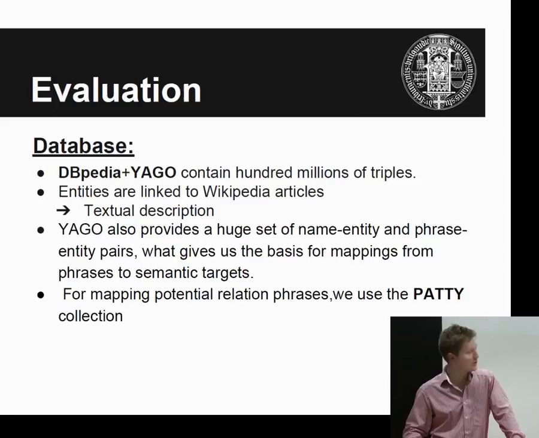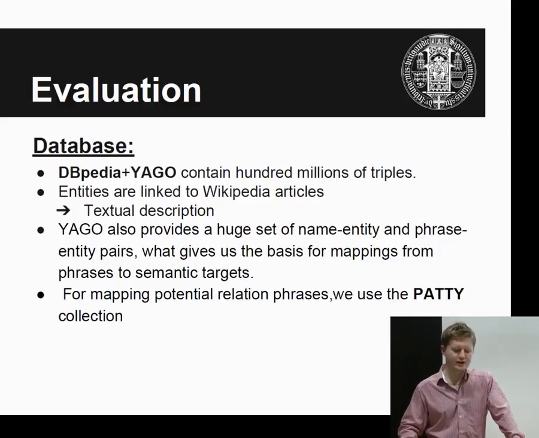So, evaluation. For evaluation, they use Wikipedia and Yago, which contains hundreds of millions of triples. These triples are linked to Wikipedia articles, and from these articles they take their textual description.